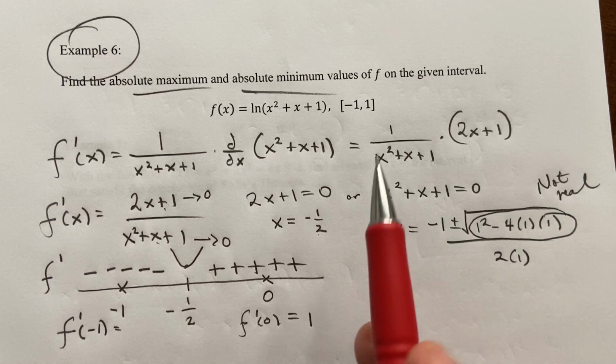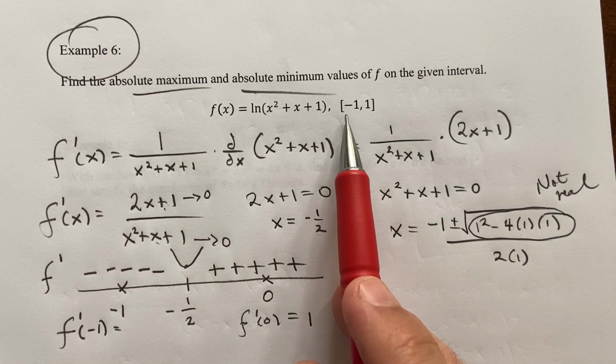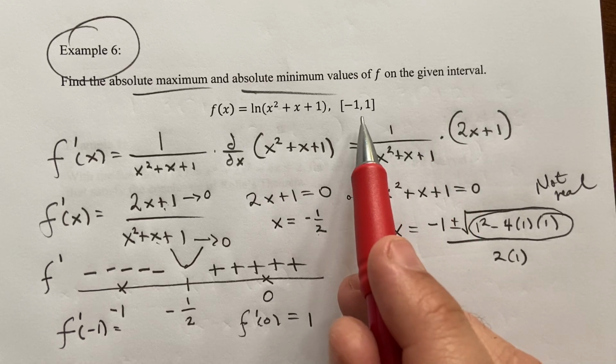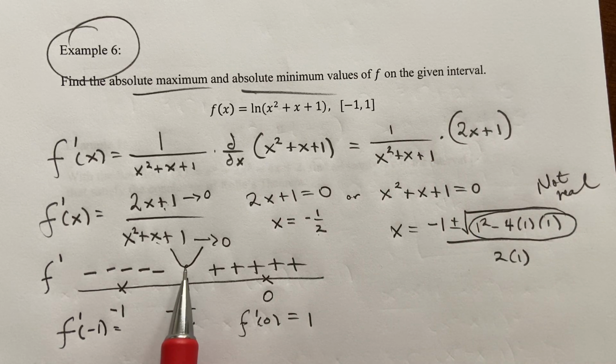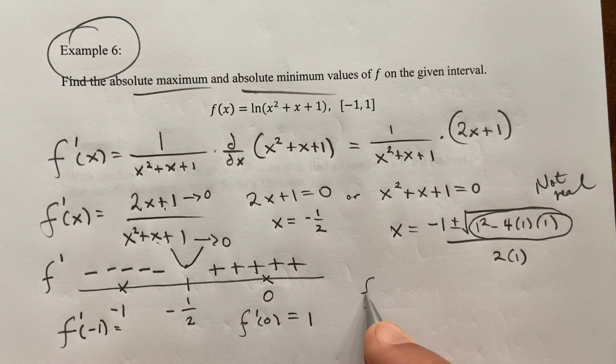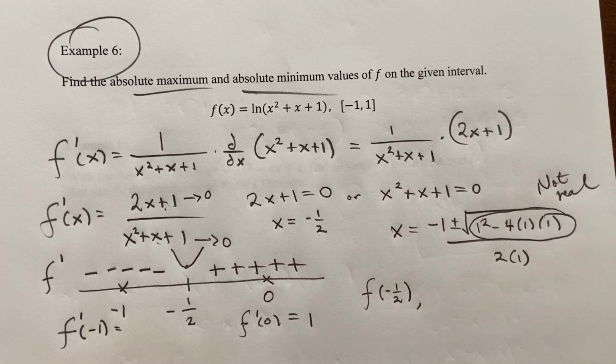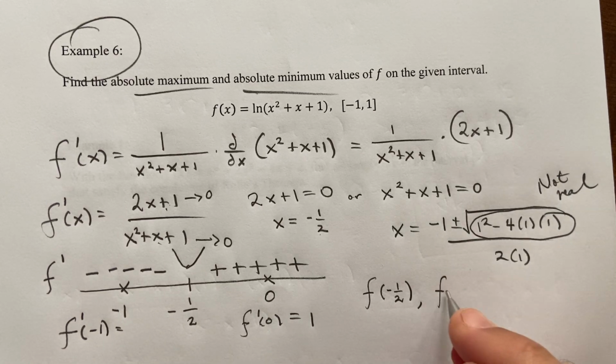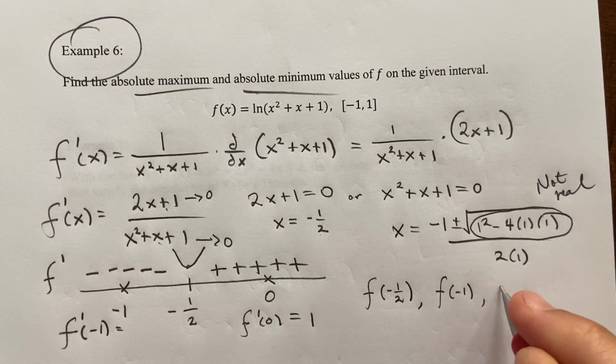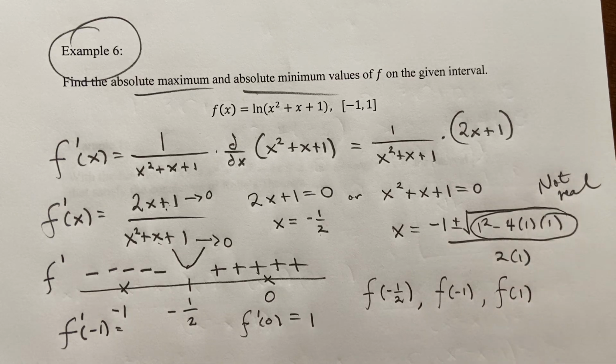We don't know until we check the endpoints, because maybe the function goes below this local min to create a different absolute min. So we're going to evaluate f of negative 1/2, f of negative 1, and f of 1, just like we did previously.